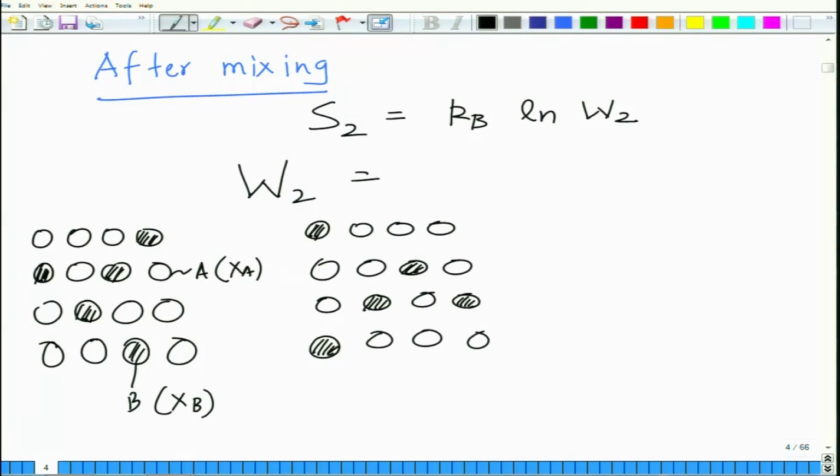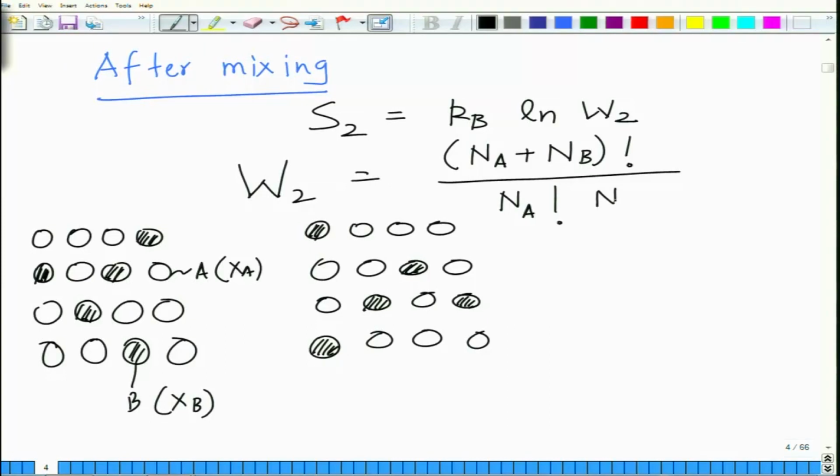So you have numerous ways of making distinct configurations of atoms by mixing A and B. If that is the case, then W can be defined as the factorial of Na plus Nb, the number of A atoms plus B atoms, divided by the factorial of Na and factorial of Nb. So this gives me the total number of possible distinct configurations in which I can arrange Na and Nb.